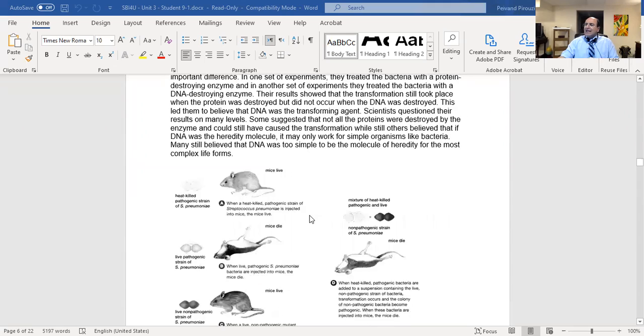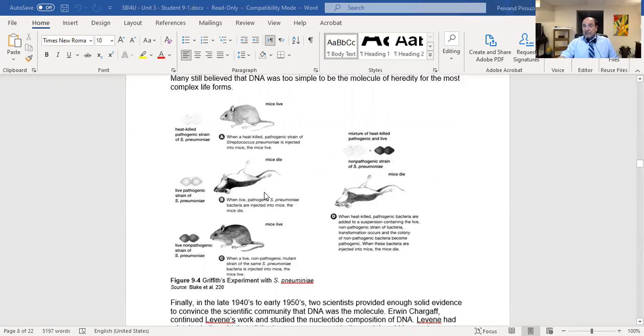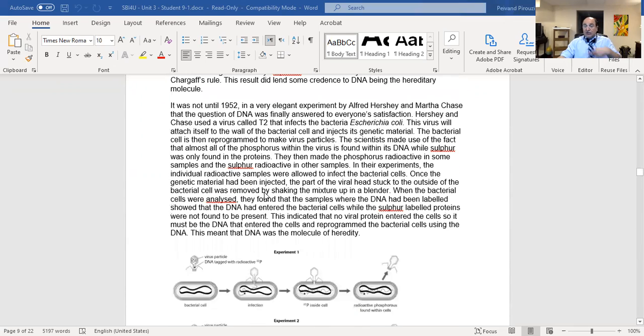After that, here we're talking about different manipulations and experimentations that were showing us about heredity in different animals, and from there we understood how heredity works.